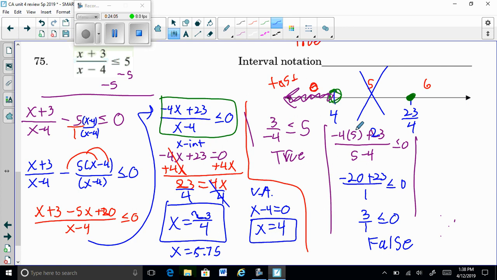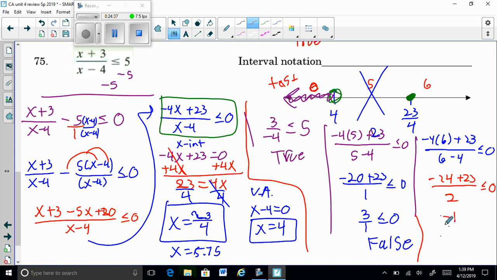All right, last one, we'll plug in 6. So let's see, we're going to have negative 4 times 6, and then plus 23 over 6 minus 4. We want to know if that's less than or equal to 0. So we're going to get negative 24 plus 23 all over 2. Is that less than or equal to 0?